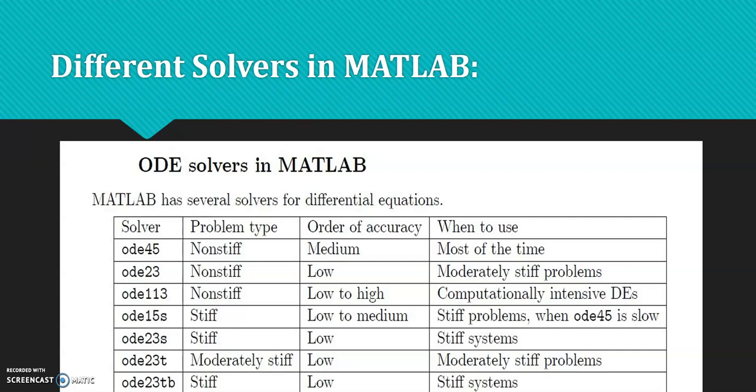If you ask my experience so far, I have used ODE45 and ODE15s only. It is said, in any case ODE45 fails, please try with ODE15s. Now, this differential equation solver basically solves the differential equation and is based on the Runge-Kutta method.